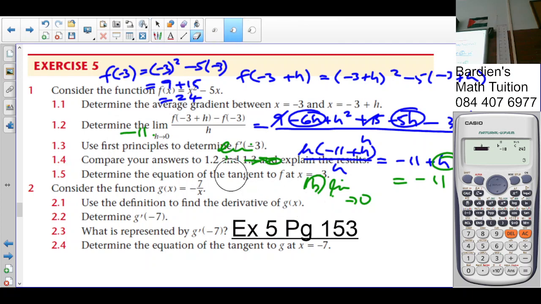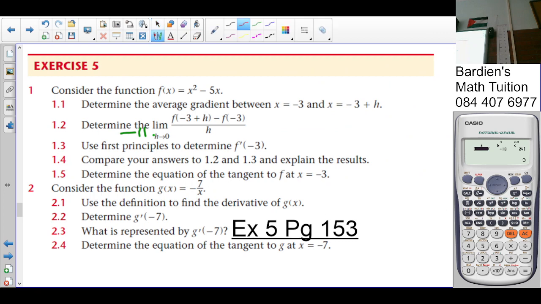Just coming back to A. A's question was determine the average gradient between those 2 points.